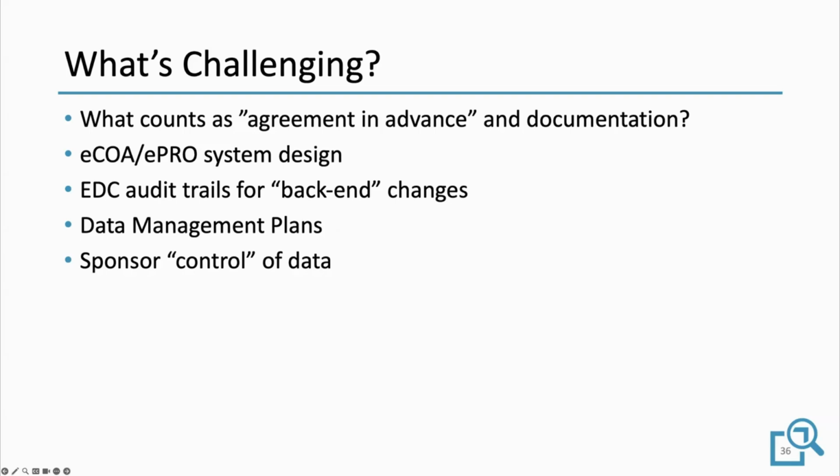And I'm thinking particularly of IRT systems, because a lot of IRT vendors have processes where the sites can call in to the help desk and say, oh, the system won't let me change X, Y, or Z because it's too late, but I need to change it. And then the help desk makes that change. So those changes tend to be documented in help desk tickets, which are not part of the data, and they're not even part of the TMF.